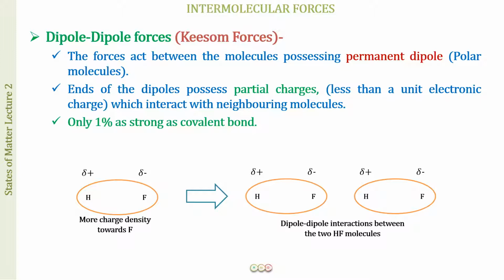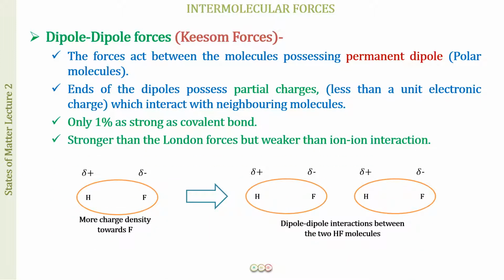Similarly, the other thing that you have to remember is that these forces are going to be stronger than the London forces. In the London forces, it was an instantaneous dipole. It was in the molecule first of all, right? And then that instantaneous dipole introduced an induced dipole in the other molecule. But here we already have dipoles in the molecule itself.